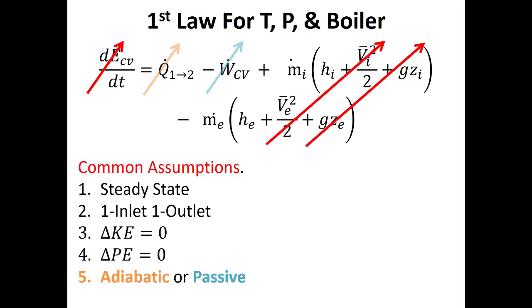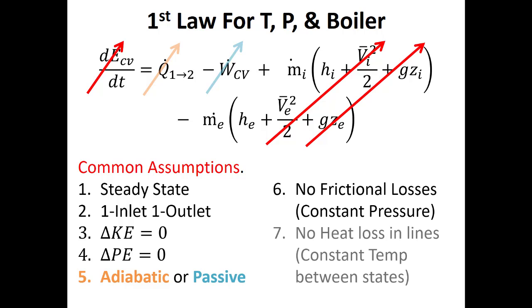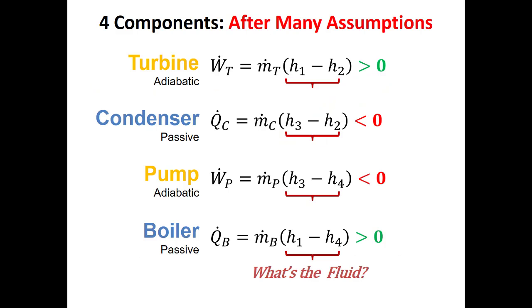And then for each component, we'd say that it's adiabatic for a turbine and a pump, or that it's passive, meaning that there's no power, for the boiler. Now, in these cycles, we'll also assume that there's no friction losses or heat losses in between the different components, so that the outlet state from, say, the turbine is equal to the inlet state from the condenser.